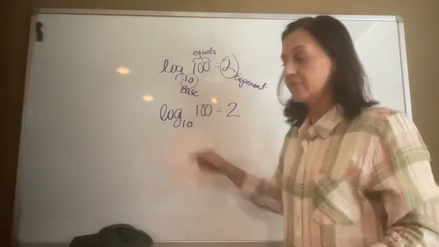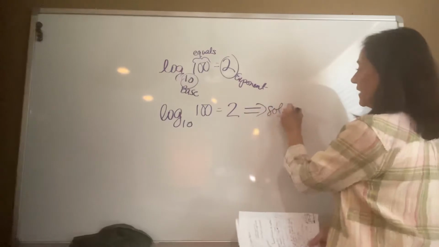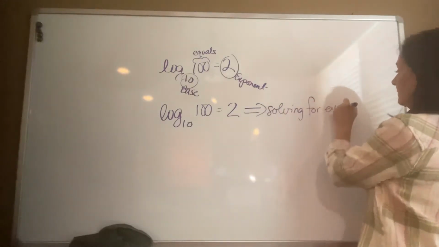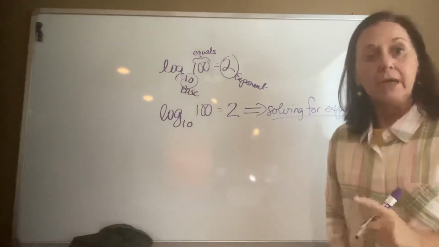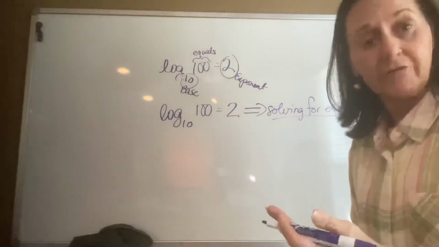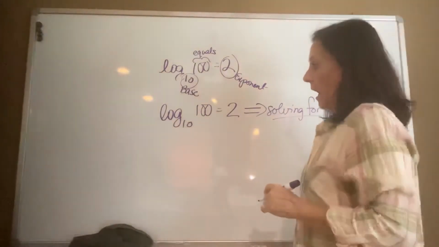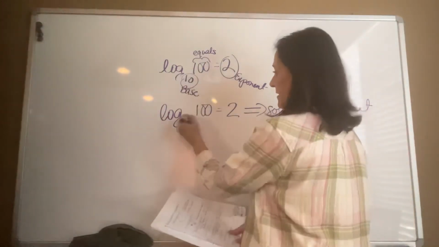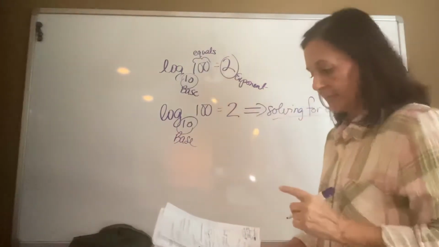So what are we solving for? With a log, we are solving for the exponent. That's going to be key for you to know. In log form, we're solving for the exponent. This 10 is called your base. It doesn't change in logs.